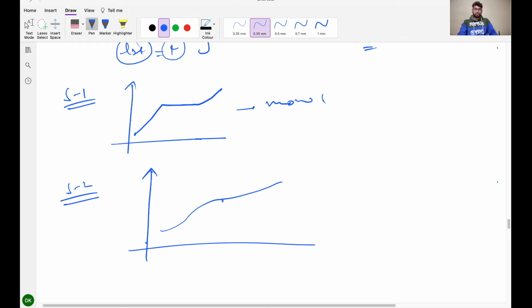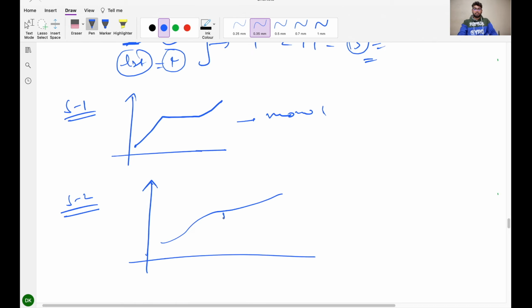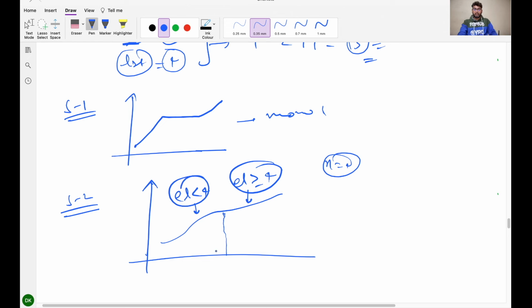First of all, I have to find the starting element. For the starting element, let's say x equal to 4. In this region I want elements greater than or equal to 4, and in this region I want elements less than 4. This is the starting index of 4.